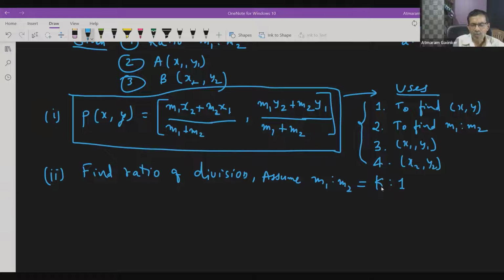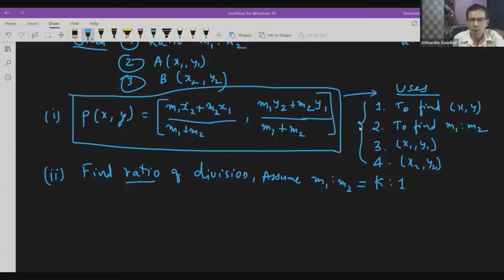When you assume this ratio as k is to 1, you have to find only one unknown, that is k, and the problem will become simple. Whenever you are asked to find the ratio, straight away go for this one more formula. With that, your problem will be solved quickly. If you use the first formula, then you will go into a long procedure and you may not land on the correct answer also. So follow this to find the ratio.